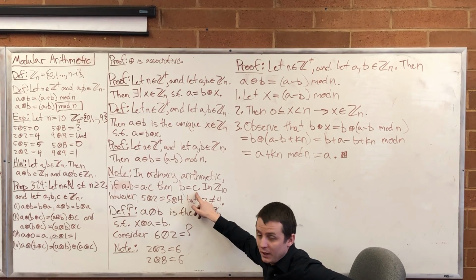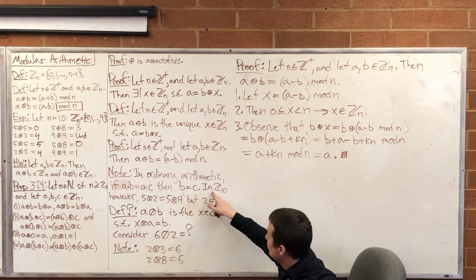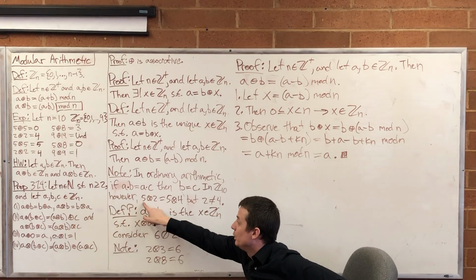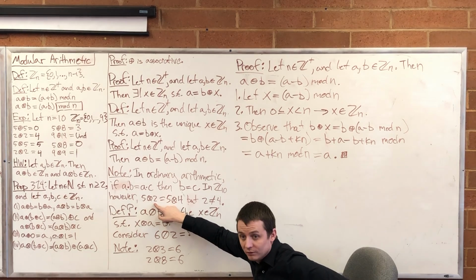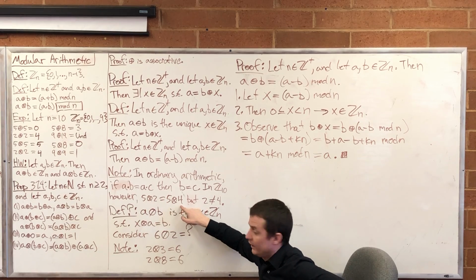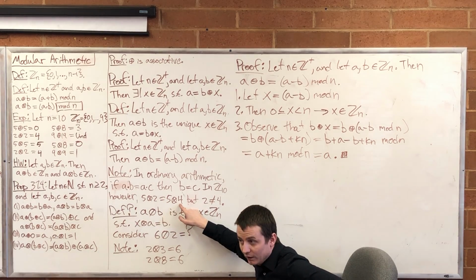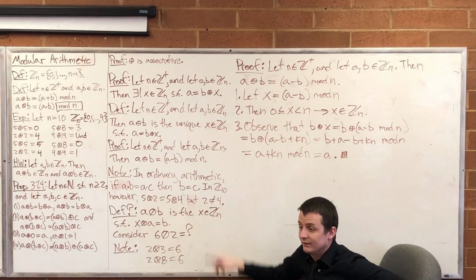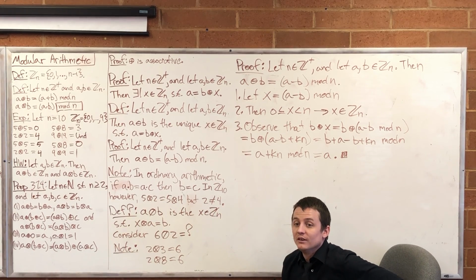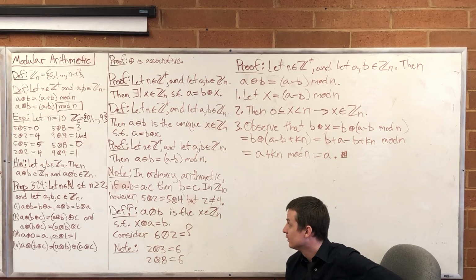And that's a wonderful property. Unfortunately, we don't have that. In Z10, however, we know that 5 times 2 is 0. 5 times 4 is 0. So 0 equals 0. Yes, but 2 is not the same thing as 4. So you can't just do this cancellation like you want.